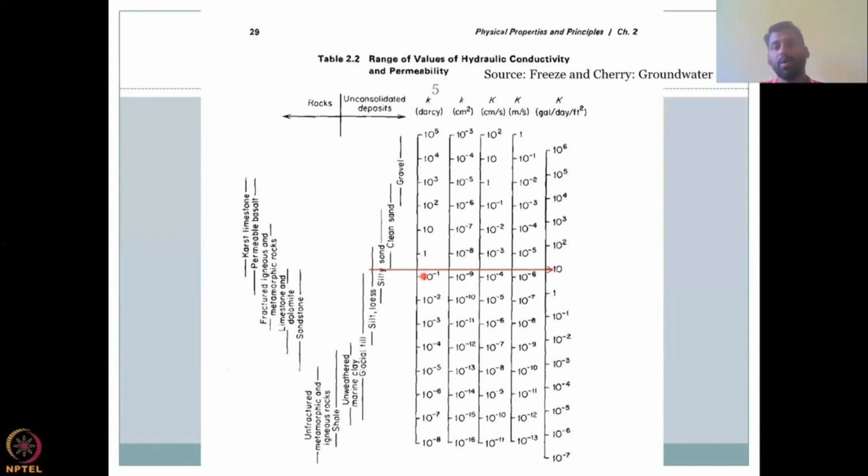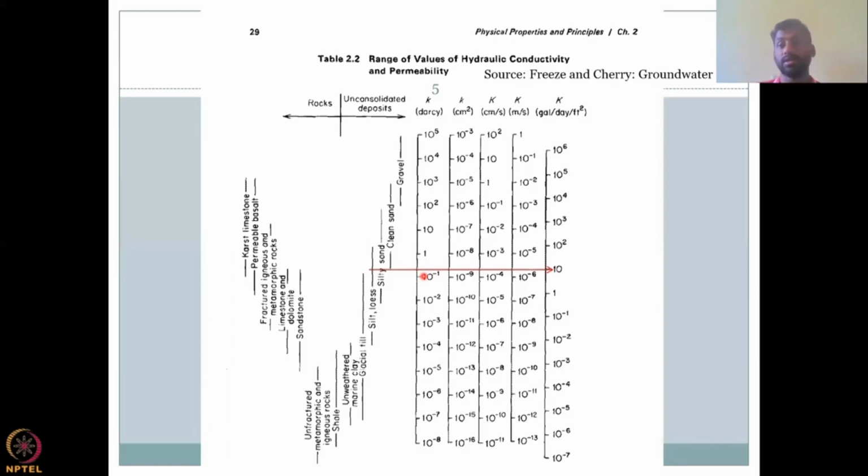So 10 power minus 9, let's say, is the average I wanted to take, centimeter square, and that equals approximately 10 power minus 4 centimeters per second, or 10 power minus 6 meters per second, or in other units, 10 gallons per day per feet square.